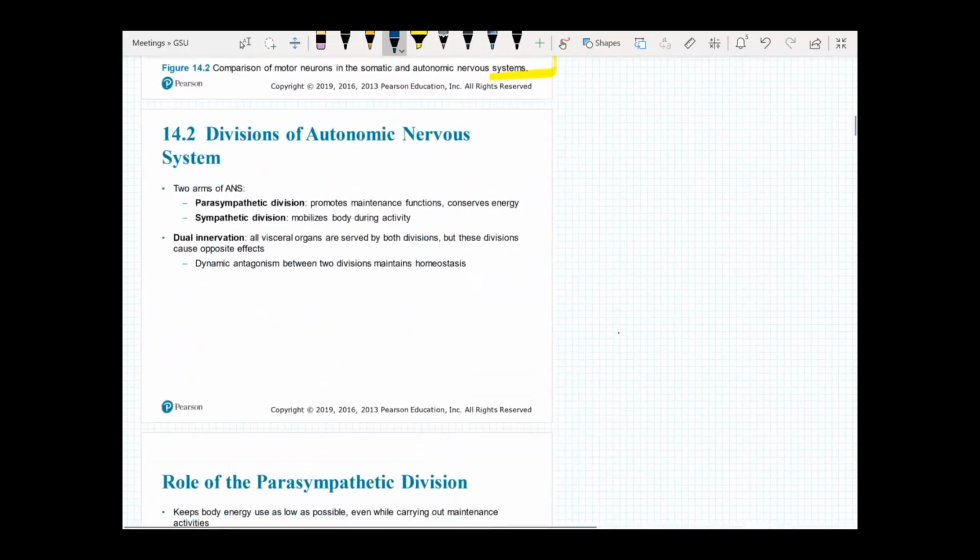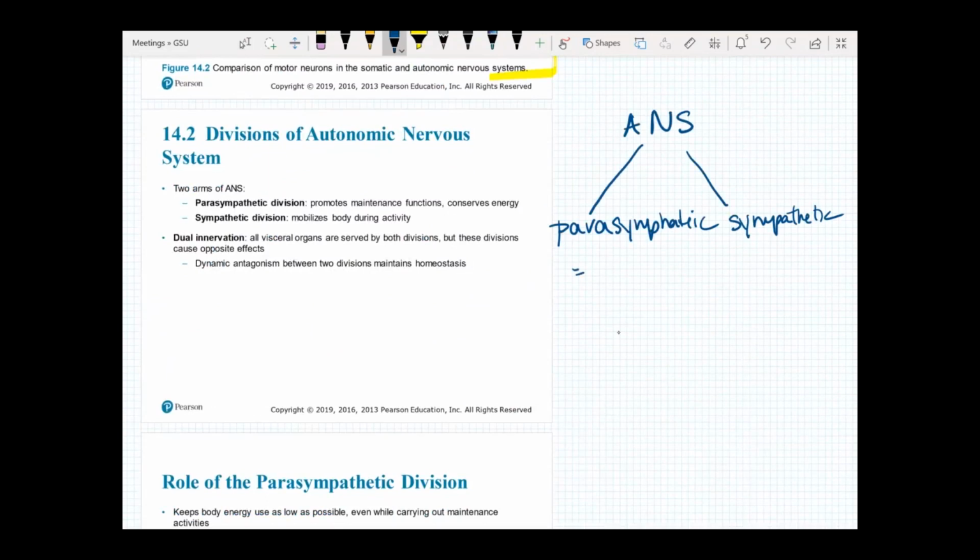Okay, so we briefly touched on this, but looking at the two divisions of the ANS, you've got the parasympathetic and the sympathetic. These are our two branches, and like I said, we're going to spend most of the time talking about the difference. Within our parasympathetic, this is the part of our autonomic nervous system that is our maintenance mode.